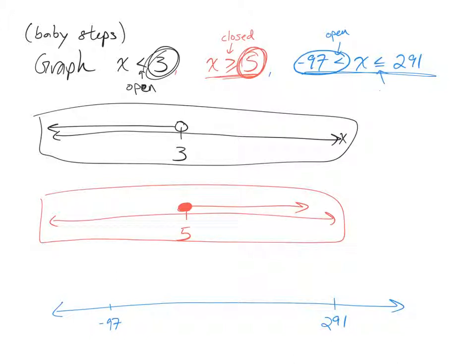This dot will be closed and belong with the positive 291. So I'm going to come down here, it'll be open here, and closed here. And what's important to note here is that x is between these 2 numbers. So when we quote unquote shade, it'll be between these 2 numbers. And that's it. That's the graph for this last one.